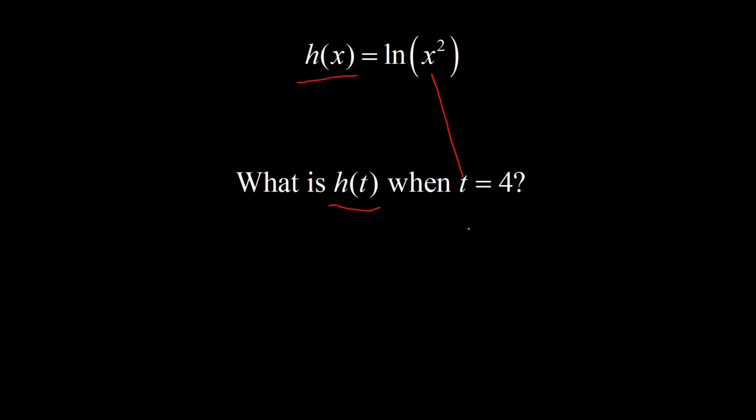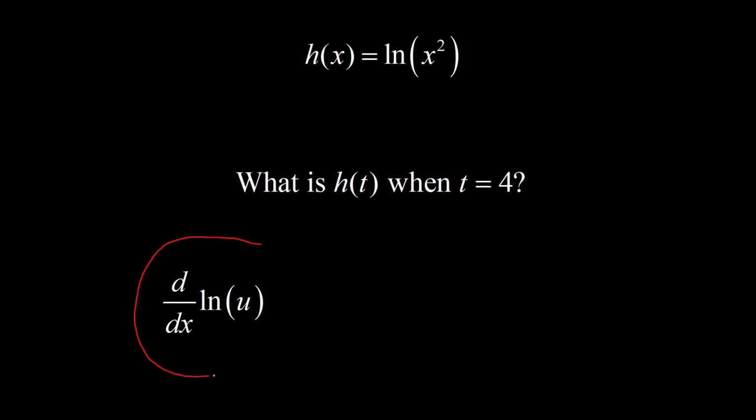And so you should rightly question then, do you mean x equals 4? Because the function you're giving me is of x. There's a mismatch in letters here. And that's what's happening here with our derivative. The derivative is saying take derivative with respect to x, but our function no longer has an x in it.